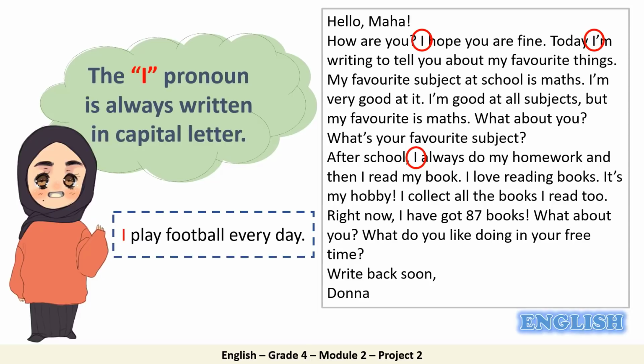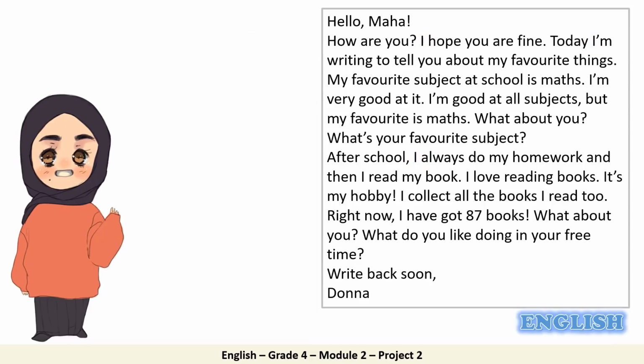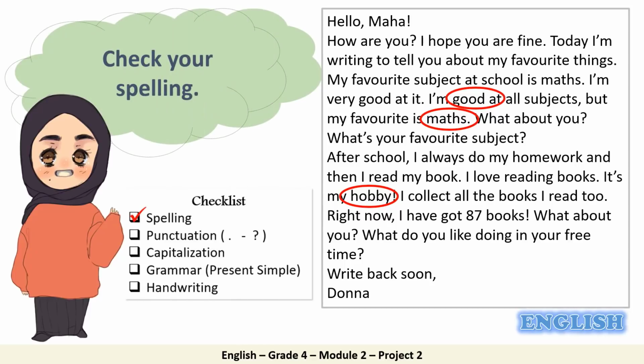For example, I play football every day. Look at the following words. Good at, maths, hobby, and all of the words in the text. You need to check your spelling. Always make sure you check your spelling after finishing your writing.